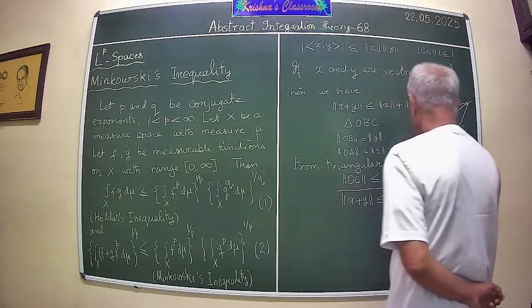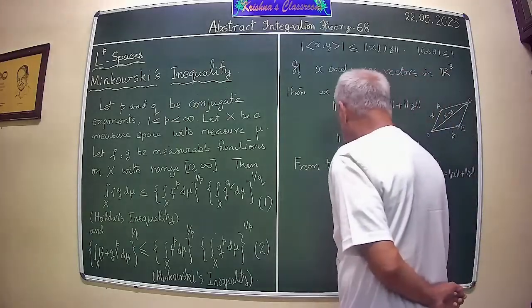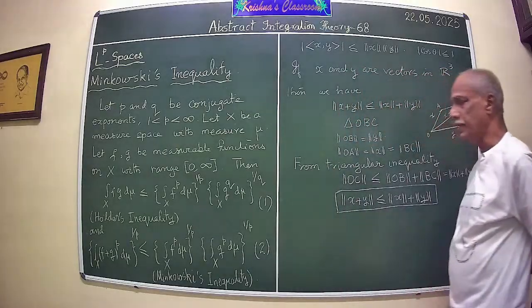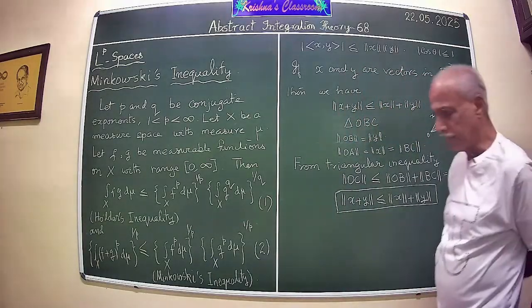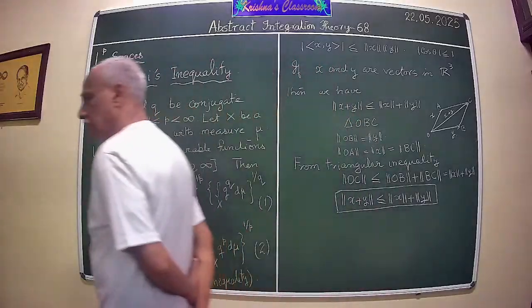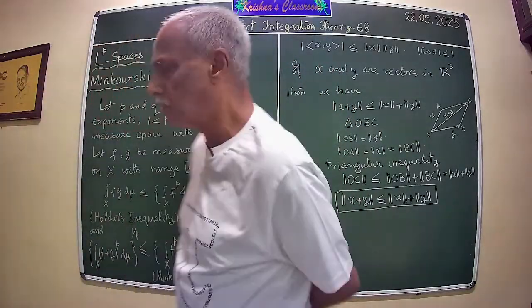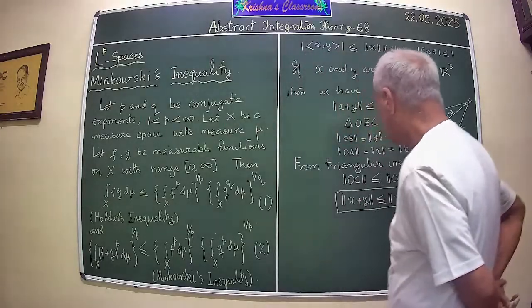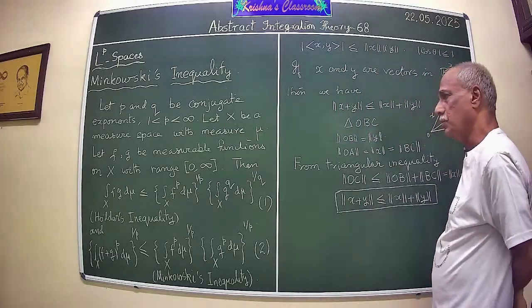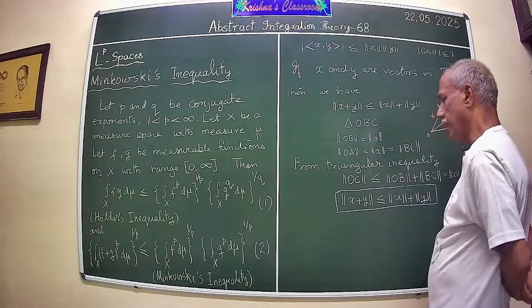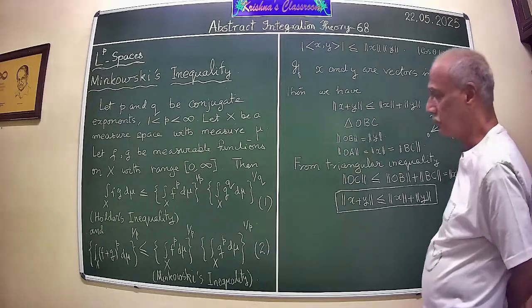So this is a triangular inequality that is valid in a vector space where you have introduced the concept of length. In fact, this turns out to be a basic property that you require when you define length.